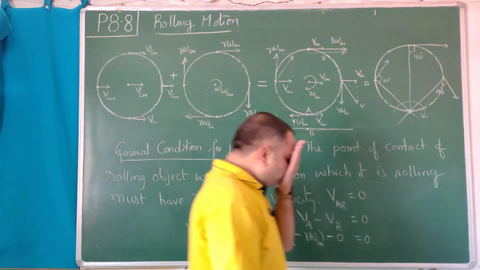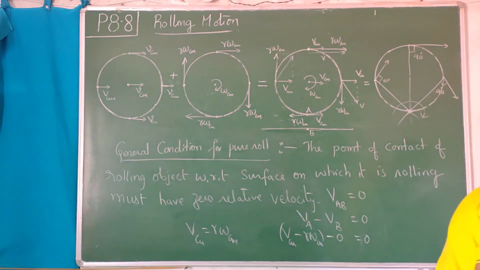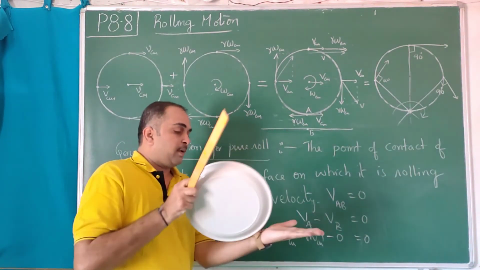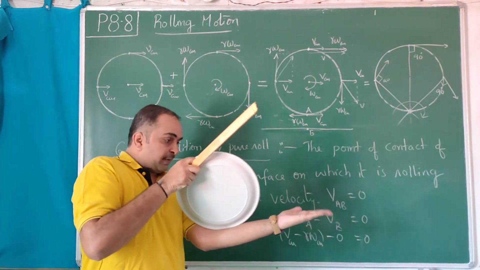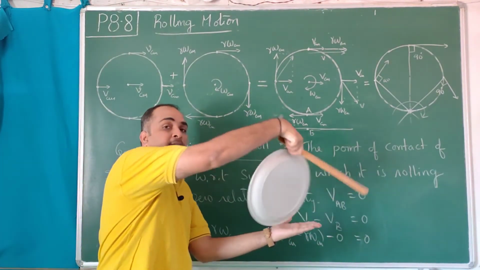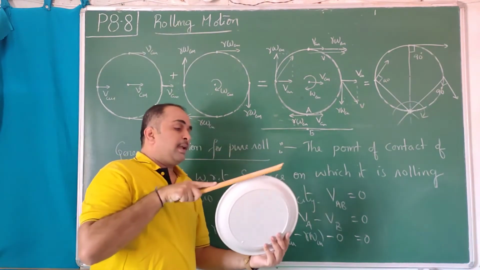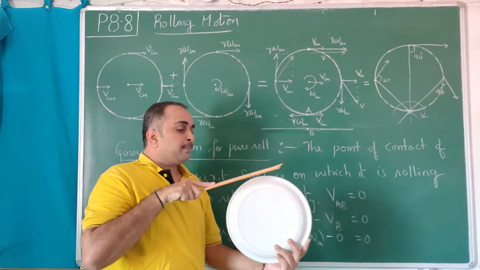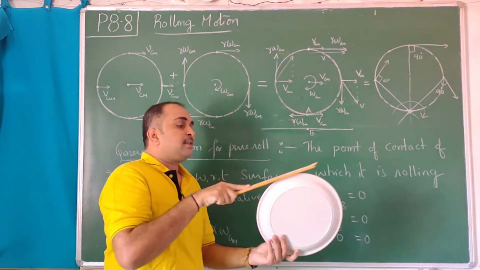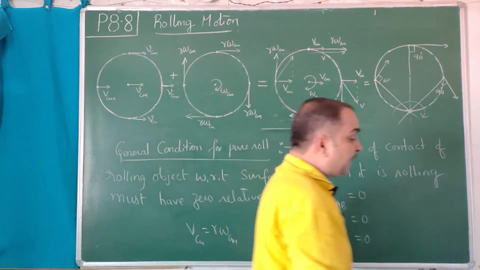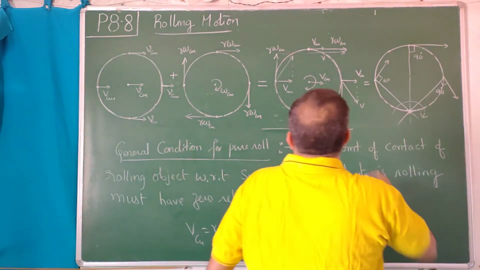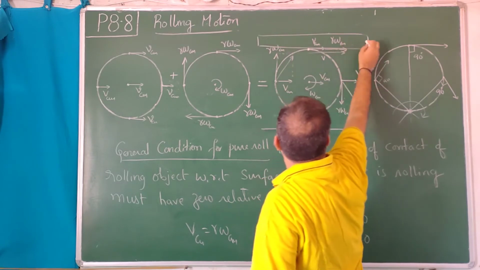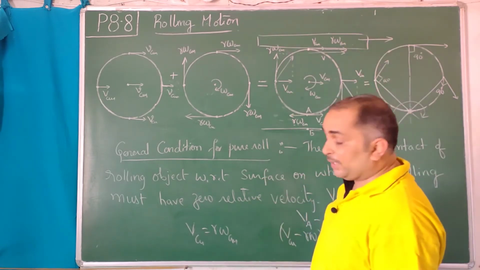Now, see this. This is a wheel. And when my hand is the surface, I keep my hand fixed. When I make it roll like this, the hand is fixed. But if I roll it using this scale, the scale is getting translated, and it will translate double the times. Why? Here, if I keep one plank or scale and I make the scale move, then what is our condition?